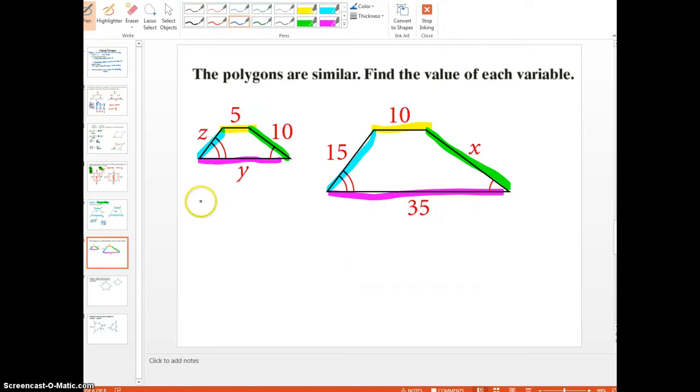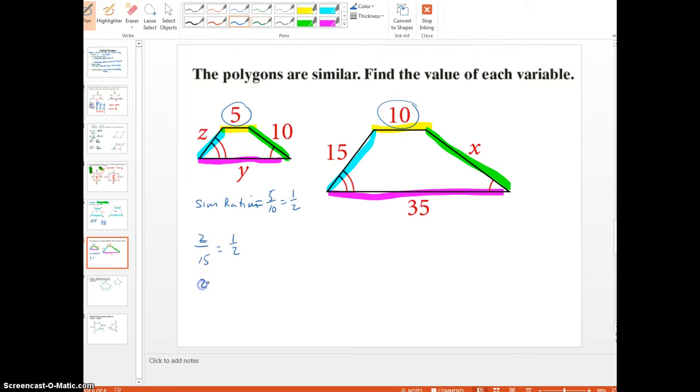So my similarity ratio right away, the two sides I know correspond to each other and I know their lengths are the yellow segments. So I'm going to write that as 5 to 10, but that could also reduce to 1/2. If I want to find z, z corresponds to 15. z to 15 equals 1 to 2.